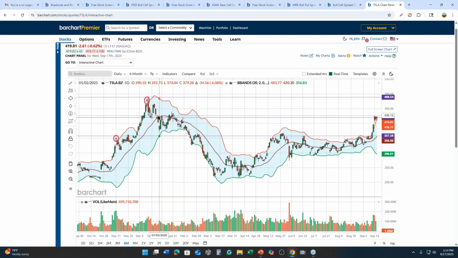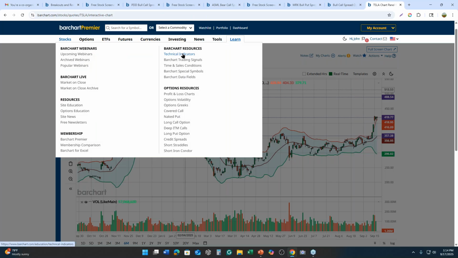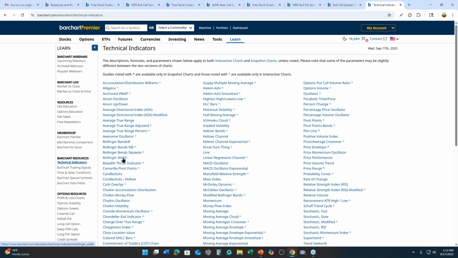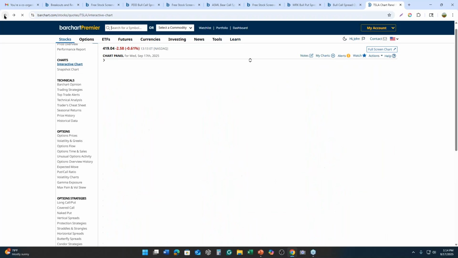For those of you who are familiar with Bollinger Bands, I just want to let you know that under technical analysis, we do have an analysis that's based on band width, if you wanted to do that analysis.